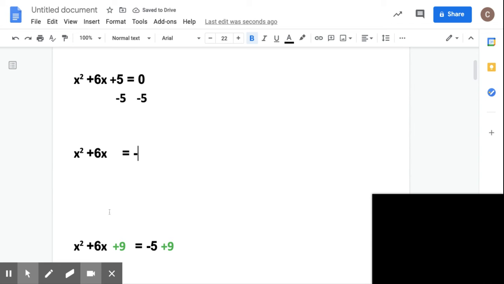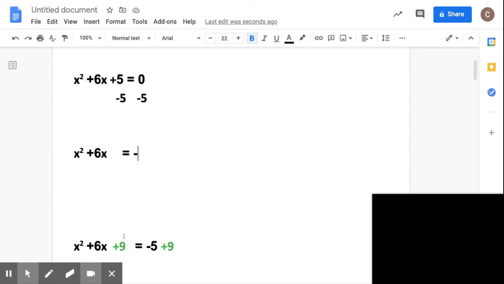Do you see that? Because 3 times 2 is 6, and 3 times 3 is 9. Another way to think of it is 3 plus 3 is 6, and 3 times 3 is 9. Do you see why 9 is the number that allows me to have a perfect square trinomial?